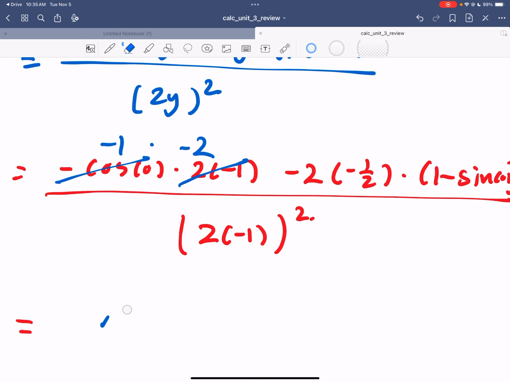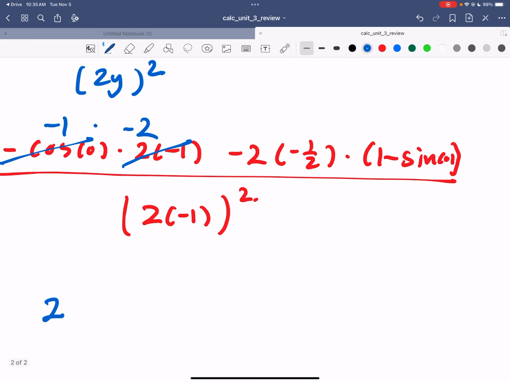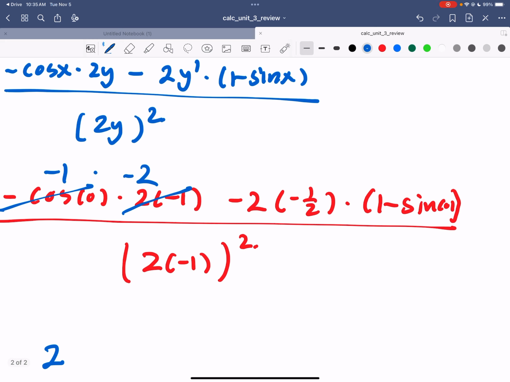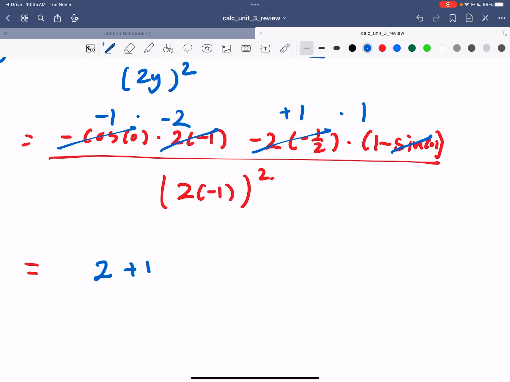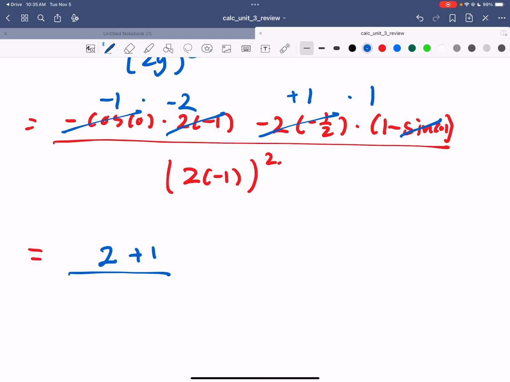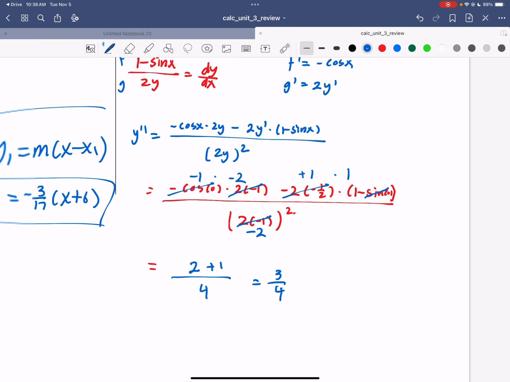So let me put 2 first. -2 times -1/2 is going to be positive 1, times 1 minus sine 0, which is 0, so it's 1. So 1 times 1 is 1, so 2 plus 1 over -2 squared, which is positive 4. Oh, so it's going to be 3 over 4. That's how you do it.